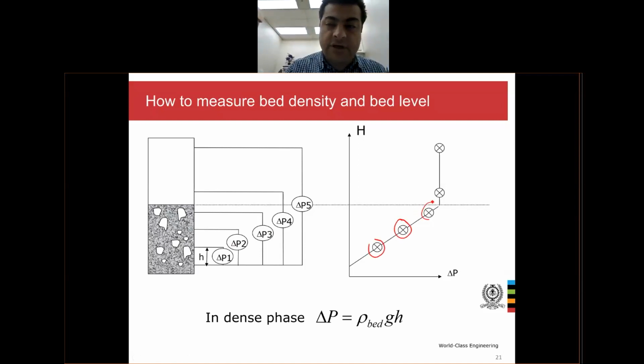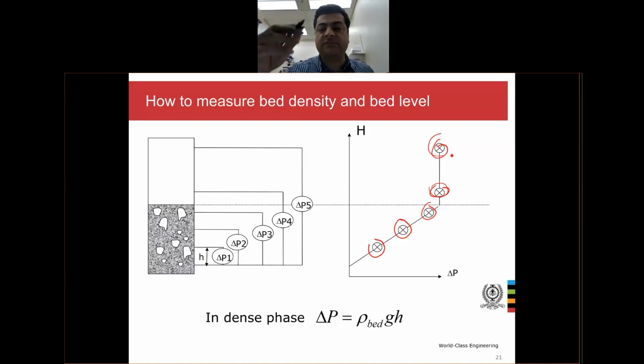In other words, you see that delta P always increases at higher levels. But as soon as one leg of the transducer is above the surface, the delta P doesn't change versus the height. So you can easily have these readings.